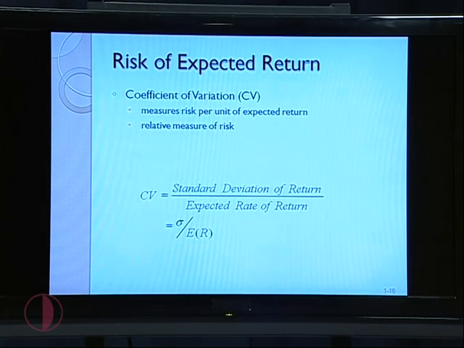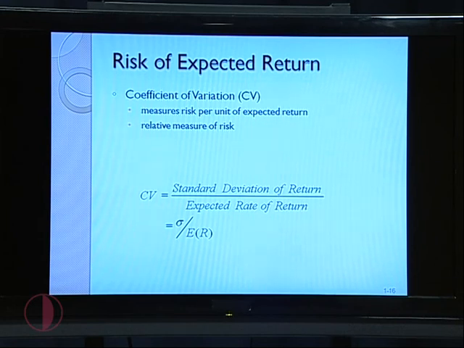Another measure for the expected return is the coefficient of variation. The coefficient of variation measures risk per unit of expected return. It is a relative measure of risk. How can we calculate the coefficient of variation?